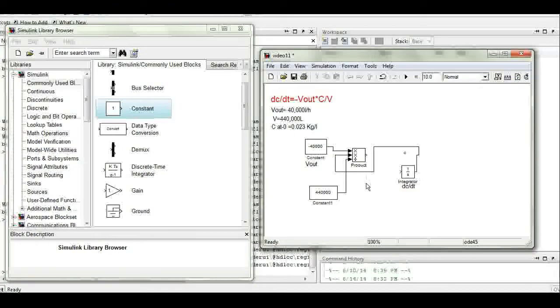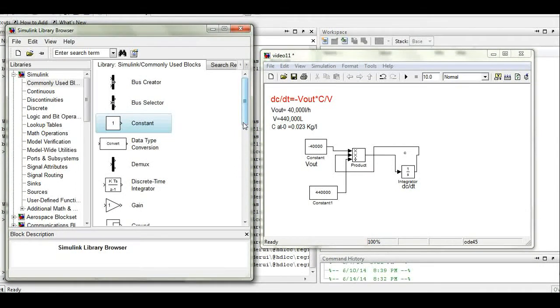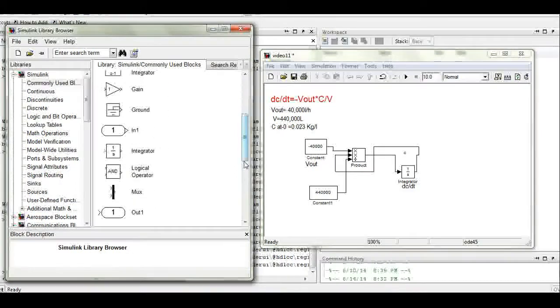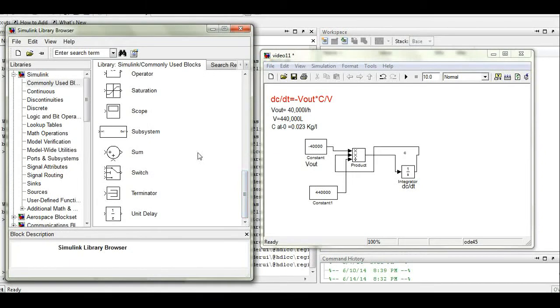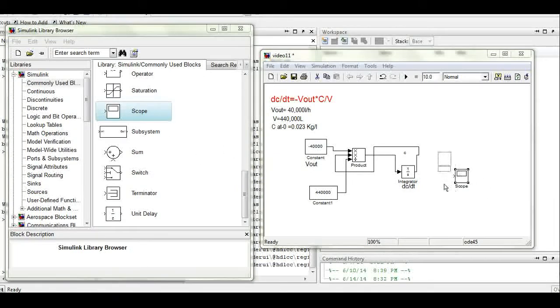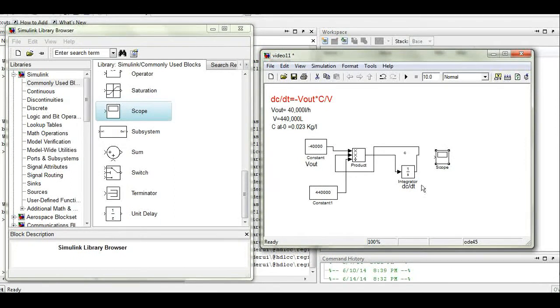Then the result from this one is the derivative, so the result will enter the integrator. How can we show the result? We can do it in 2 ways actually. The first way is to go to the scope to have a graph, and you connect it to the outlet of the integrator. Sorry, yes, it is like that, and you delete this one.